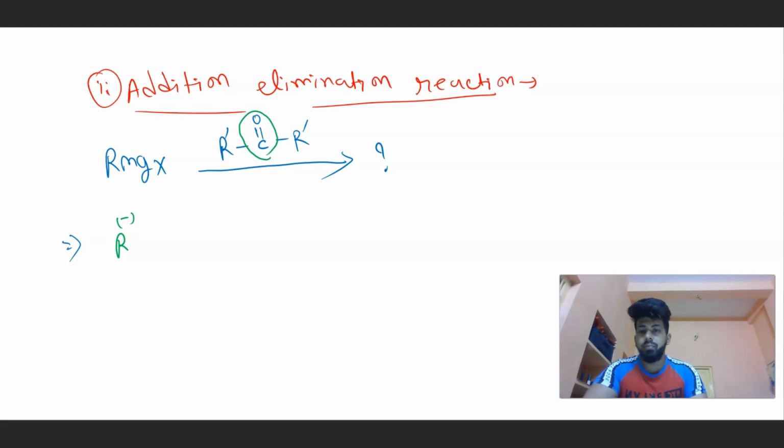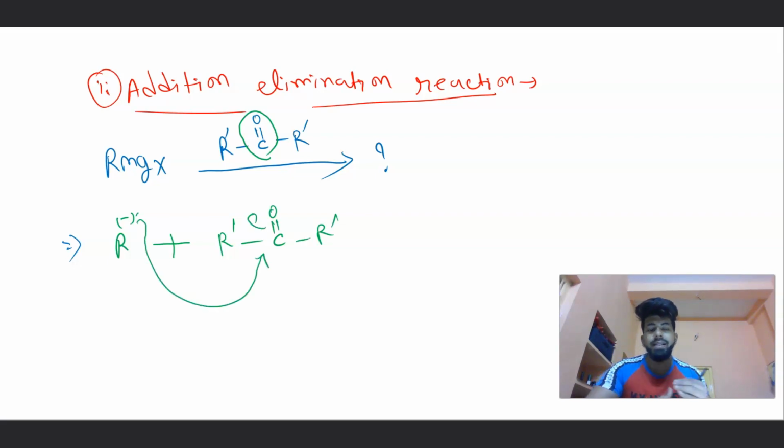So this R minus will attack here, and the double bond will break towards the oxygen, because oxygen is more electronegative than carbon, and it will become R' C O minus R' and R here.